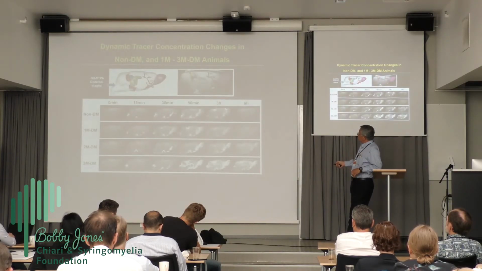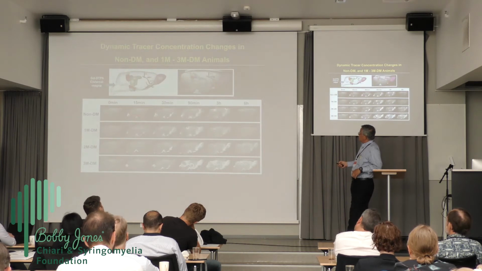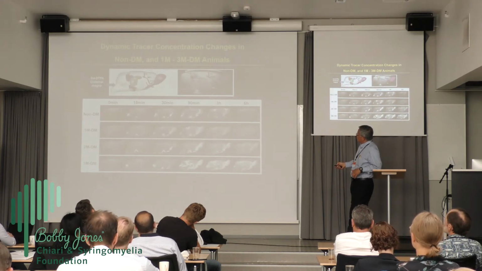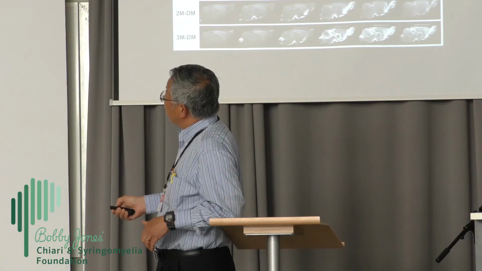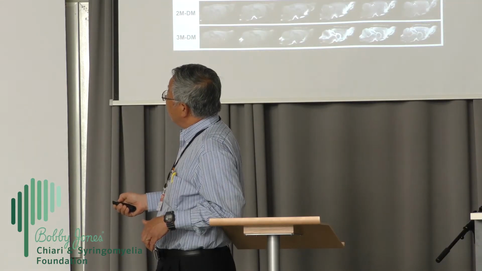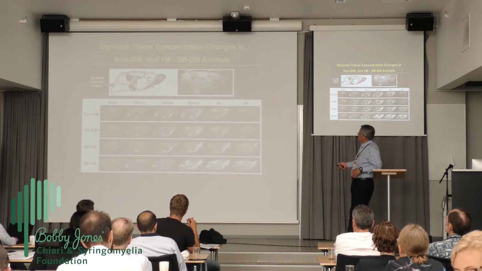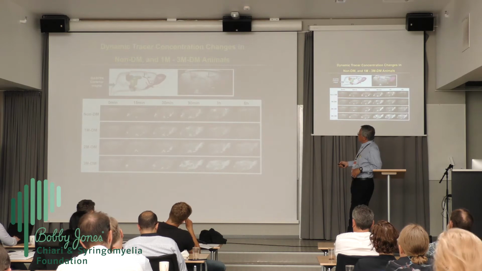If you look at the non-diabetic animal, right after injection you can see the cisterna magna area increase in intensity. At 15 minutes after injection, the pituitary recess increases. Then the contrast agent moves to the olfactory bulb area and gradually goes into the brain.